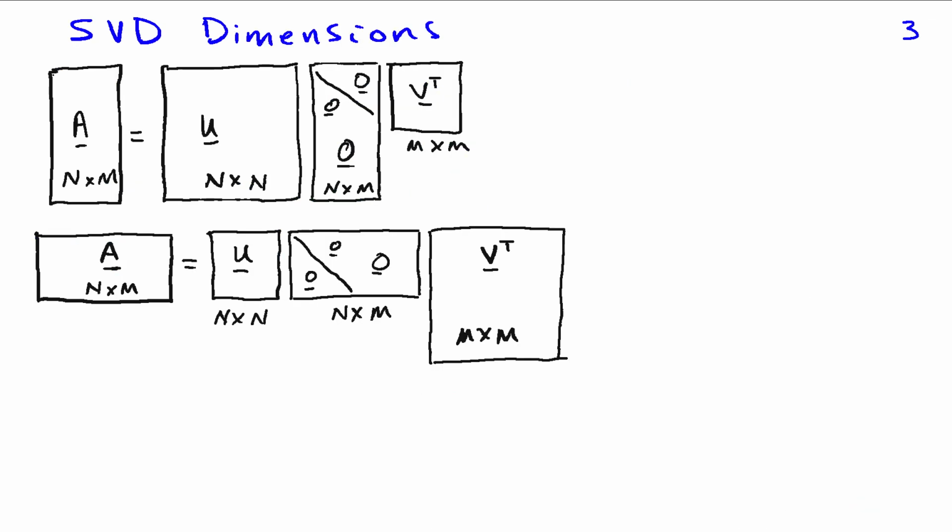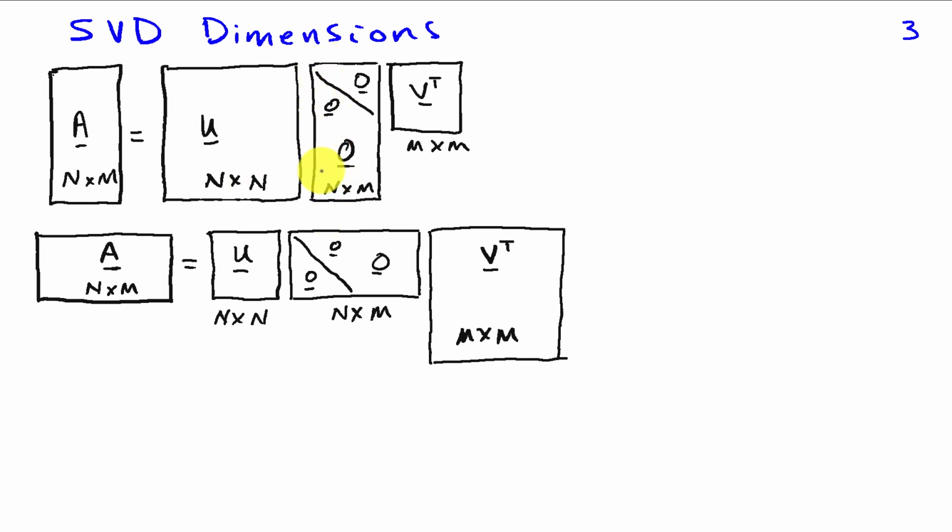It's really useful to get a pictorial representation for the singular value decomposition in these two different cases of a matrix which is taller than it is wide and a matrix which is wider than it is tall. In this case, n is greater than m, so U is going to be an n by n matrix.